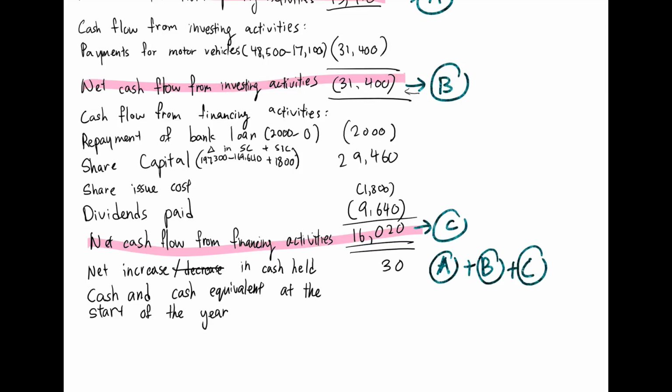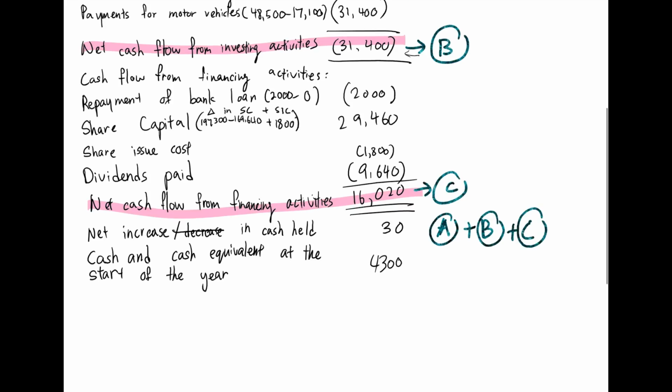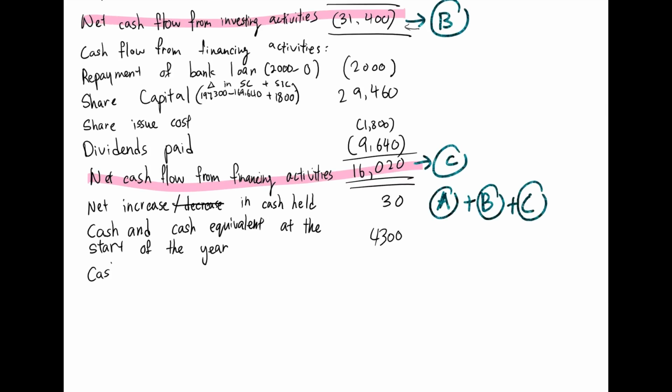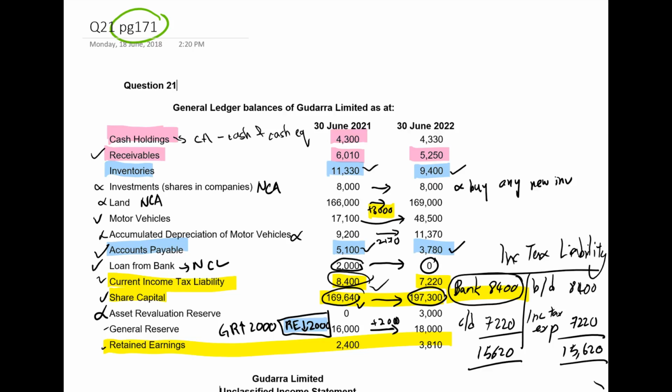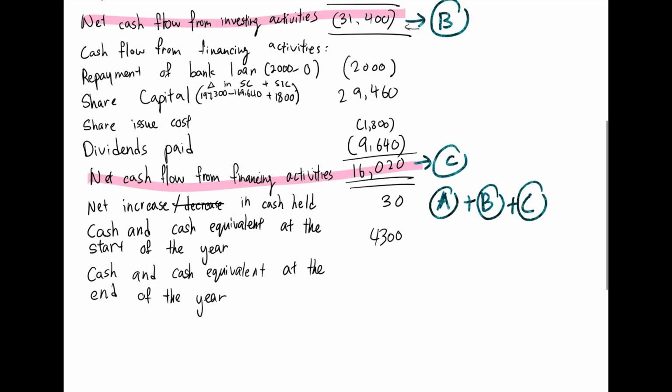And your cash and cash equivalent at the end of the year will equal 4330.